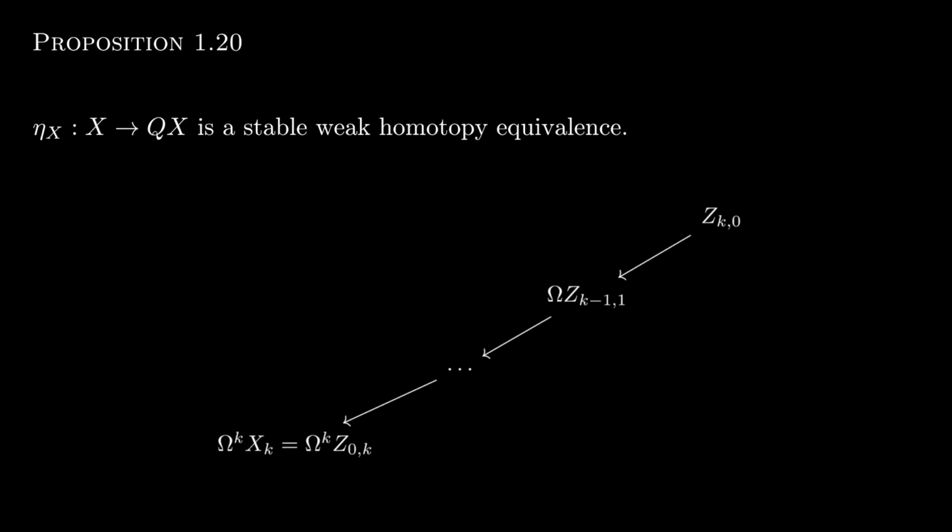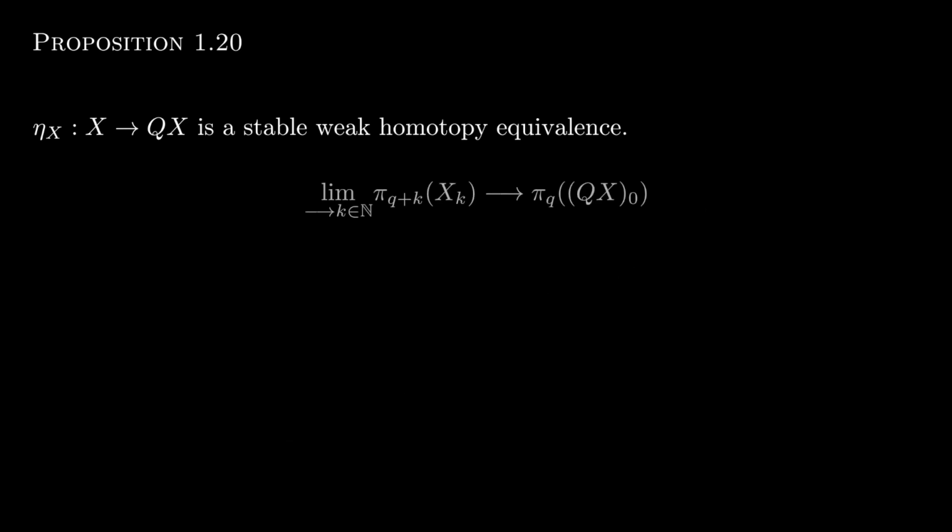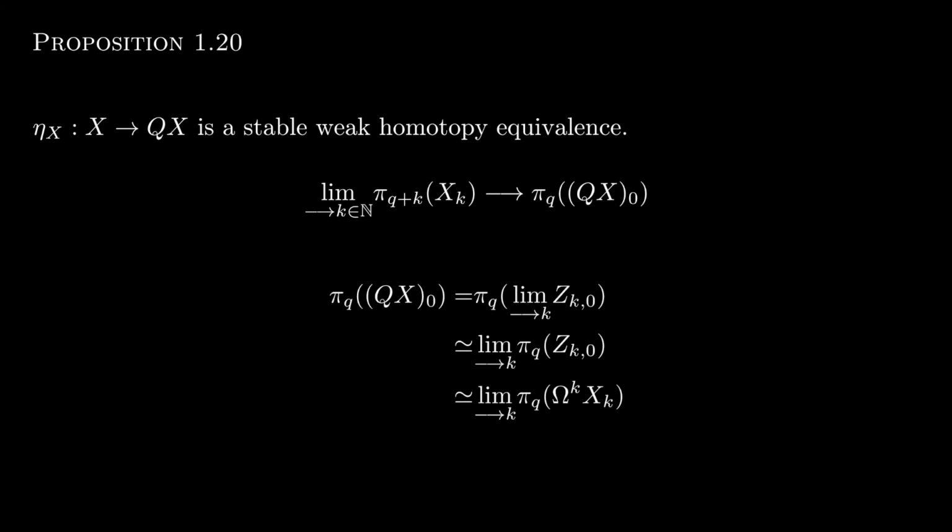So to see that we have stable weak equivalence, we observe that on the left we have the definition of the qth stable homotopy group of a general sequential pre-spectrum, and on the right we saw that this is how we characterize stable homotopy groups in an omega spectrum. We want to show that this map is an isomorphism, and we just use the backtracking method. The idea is that the qth homotopy group of the k-fold loop space of X_k is the (q+k)th homotopy group of X_k.